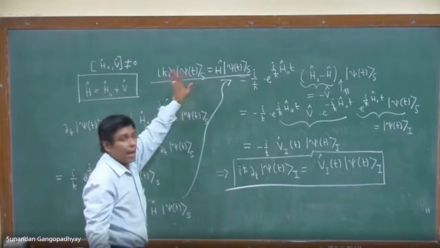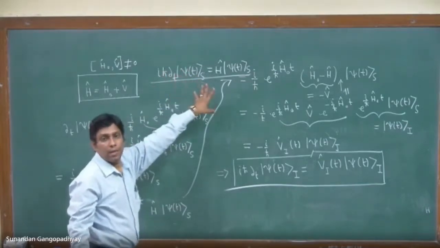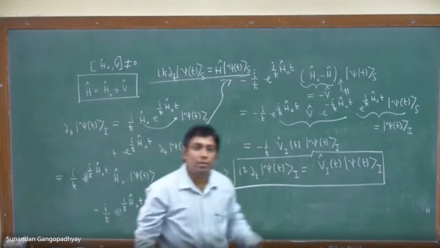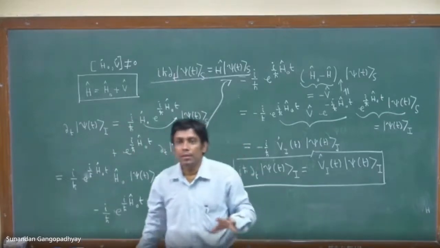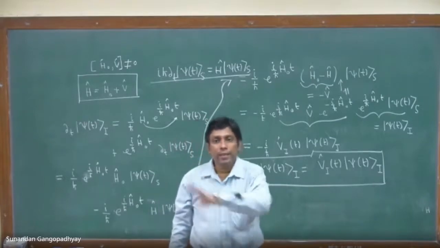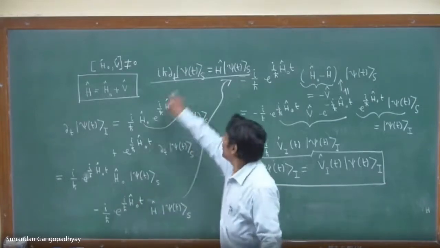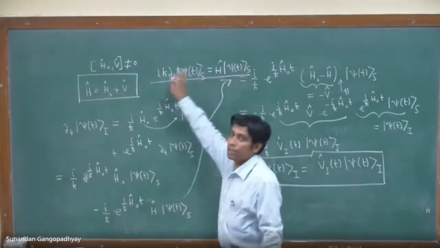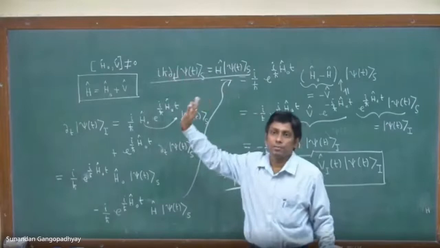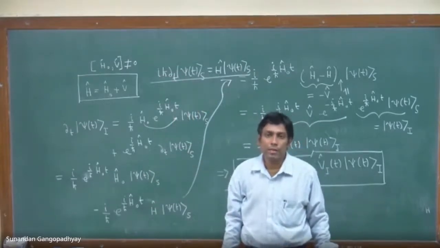But this equation has nothing to do with non-relativistic or relativistic theories. This is generally true for any theory. There is nothing non-relativistic or relativistic about this equation. First of all, we should get this thing clear in your minds.